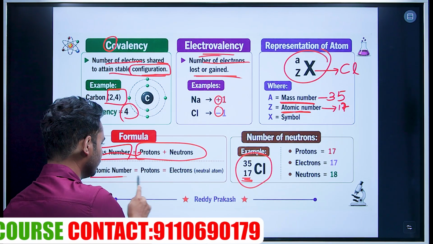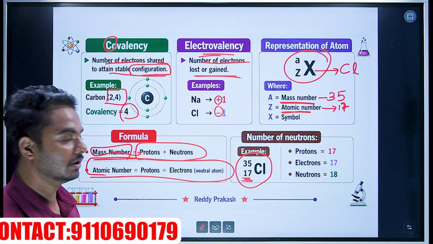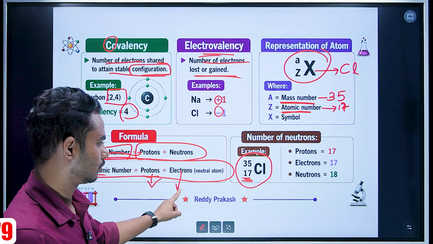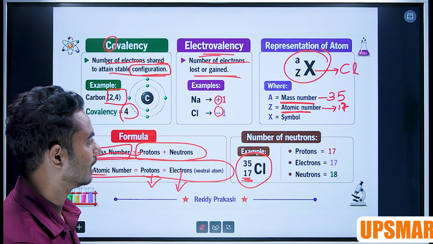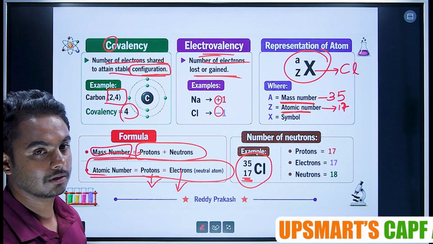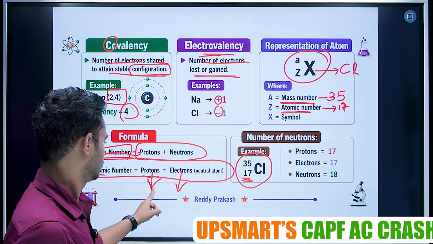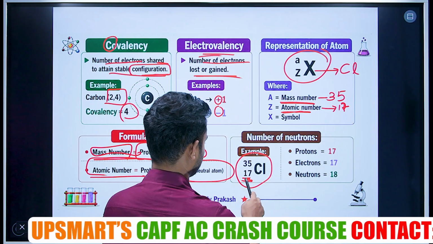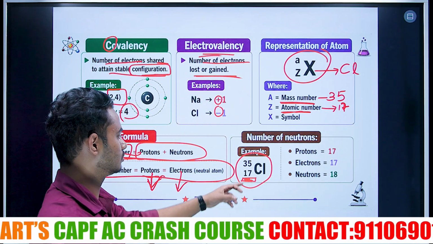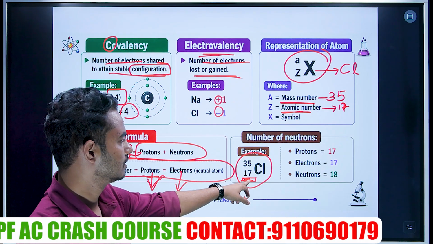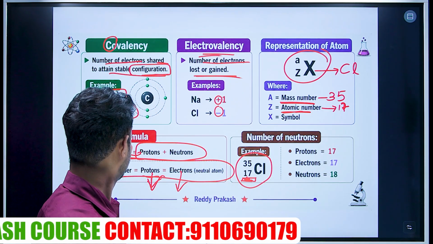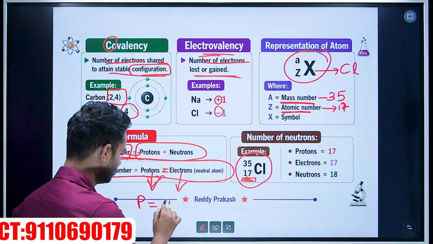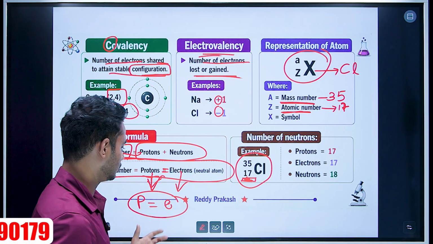Next, what is atomic number? Atomic number is equal to the number of protons. In a neutral atom, protons equal electrons.